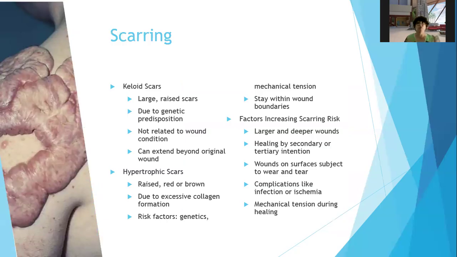Scarring is, of course, when the tissue's healing and it's not regenerating, but it's being replaced. Sometimes people get what are called keloid scars, which are large raised scars. It's just genetic predisposition. Some people just form bigger scars than others. It's not related to the wound condition, but a keloid scar can extend beyond the original wound.